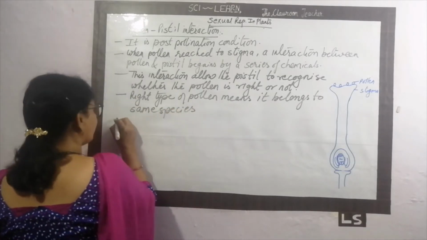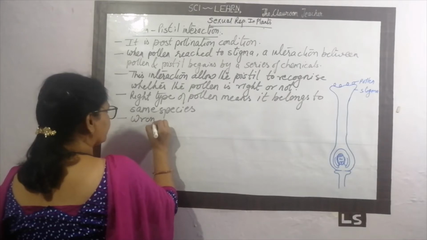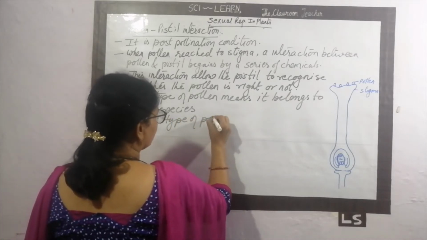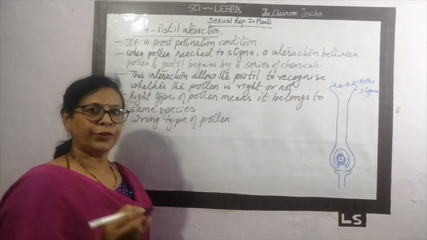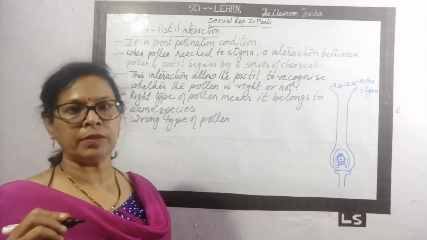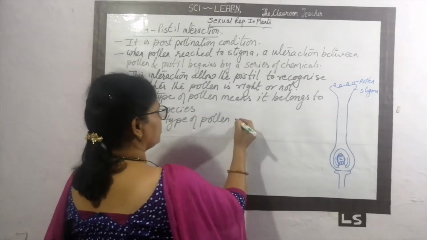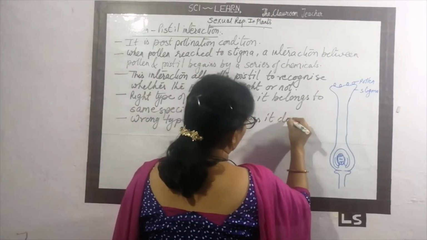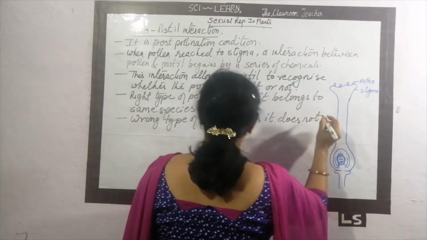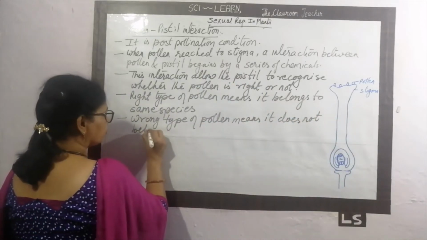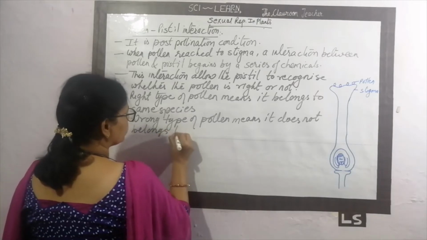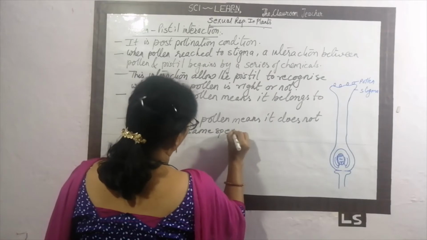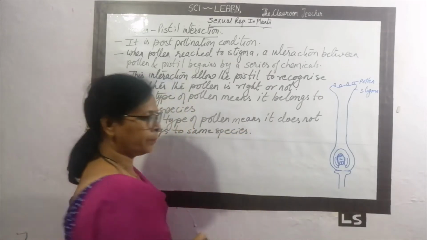And what is the meaning of the wrong type of pollen? First, if it is the wrong type of pollen, it means it does not belong to the same species. It may be the pollen of some other plant.